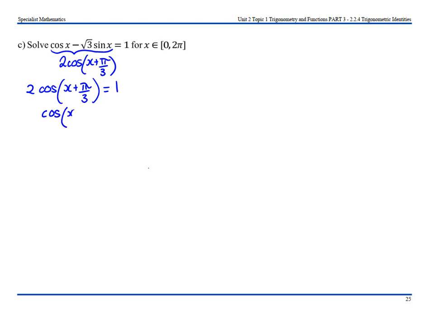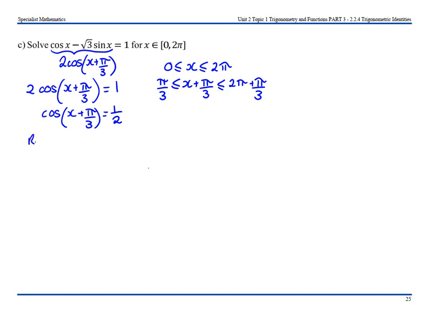I get cos of x plus pi on 3 equals 1 on 2. Now, I also have a domain. My domain is 0 is less than or equal to x, which is less than or equal to 2 pi. I'm dealing with x plus pi on 3, so I have to change my domain. So I add pi on 3 to both sides. And I'm going to leave that like that rather than change it because it's not a final answer.